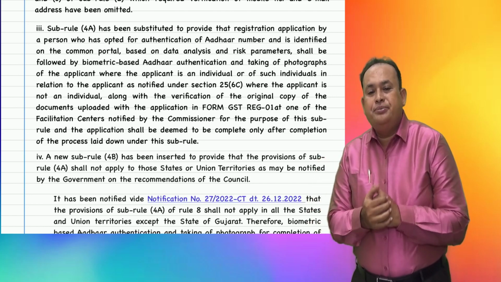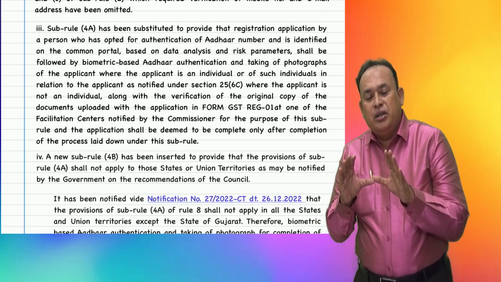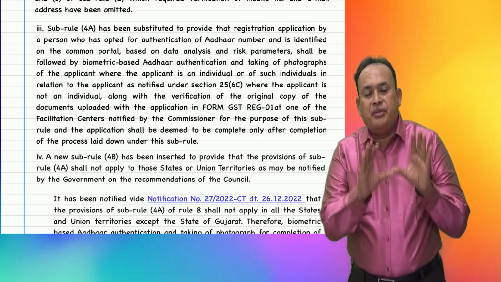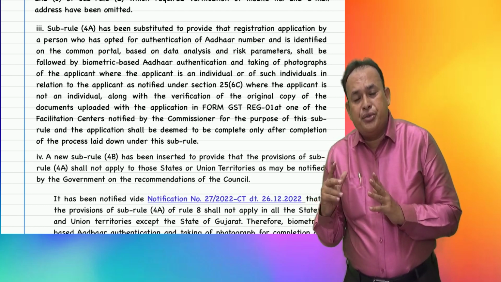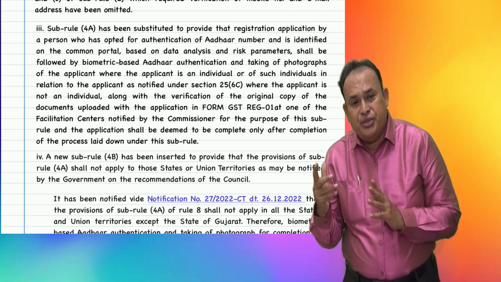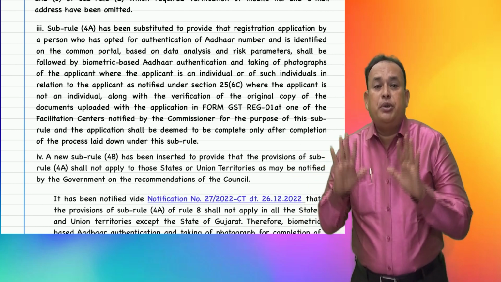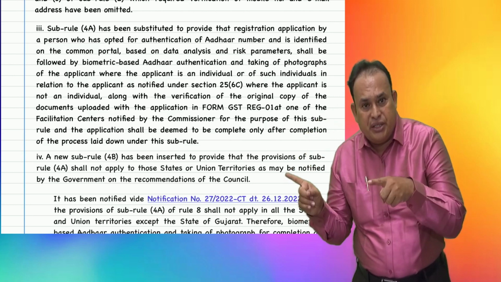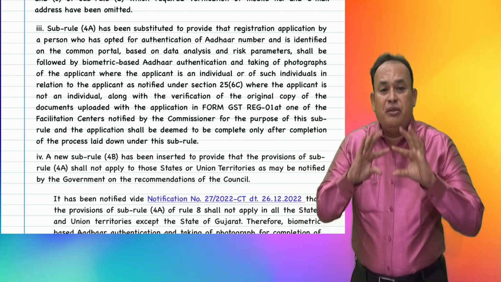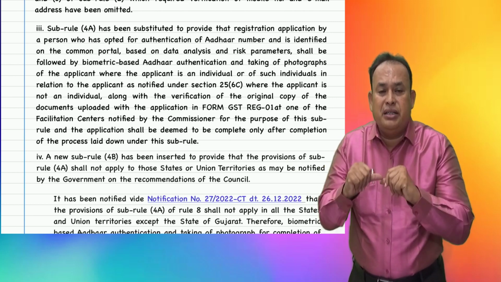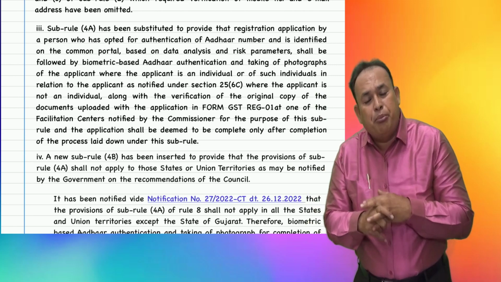Meaning thereby, if you are a risky assessee noticed in the database of the common portal when Aadhaar is authenticated, then the department should alert, carry out physical verification, and send a notice within 30 days from the date of receipt of the application asking for information and documents, or physical verification is made at the premises of the applicant.